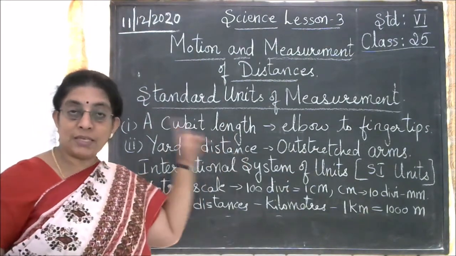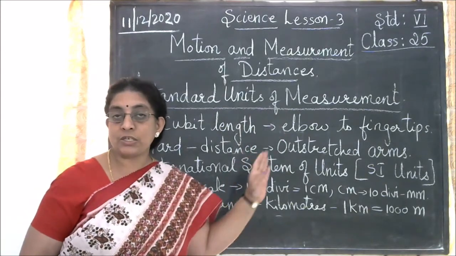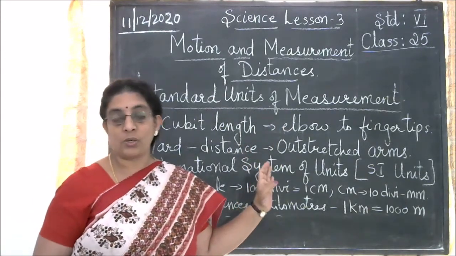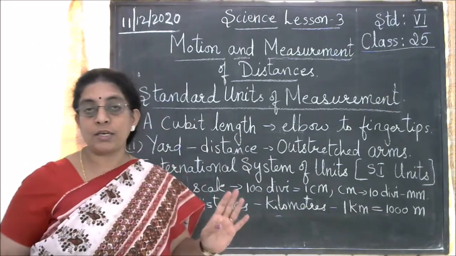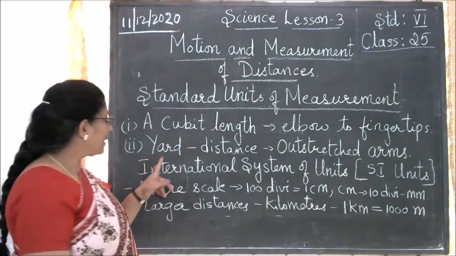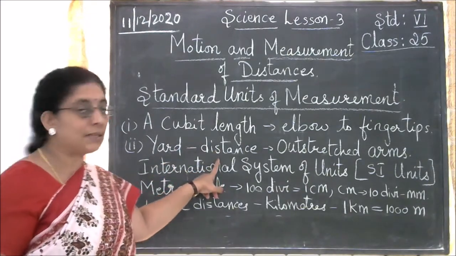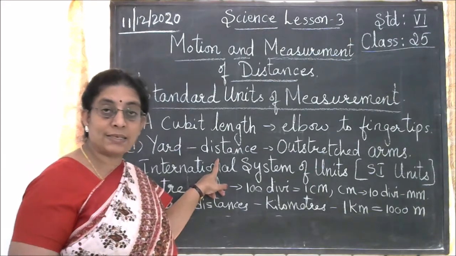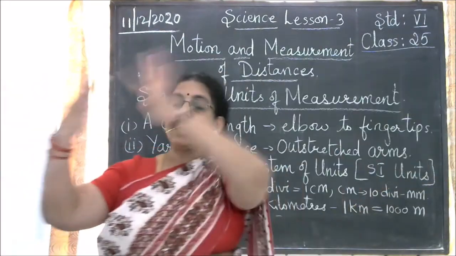Even this was not proper because there were variations in this measurement also. Some people have a long hand, some have a smaller hand. Then next was the yard. The yard was to measure the distance between two outstretched arms, from this end to this end.